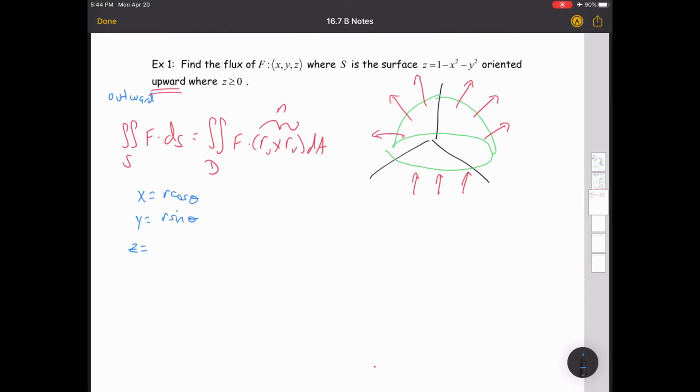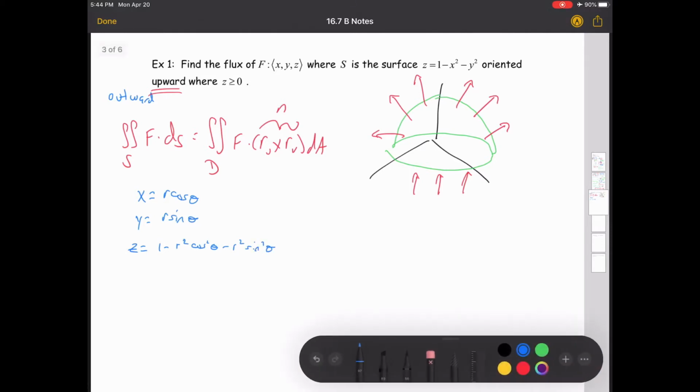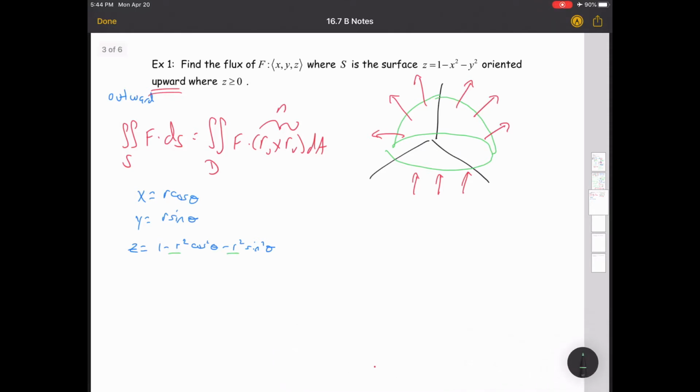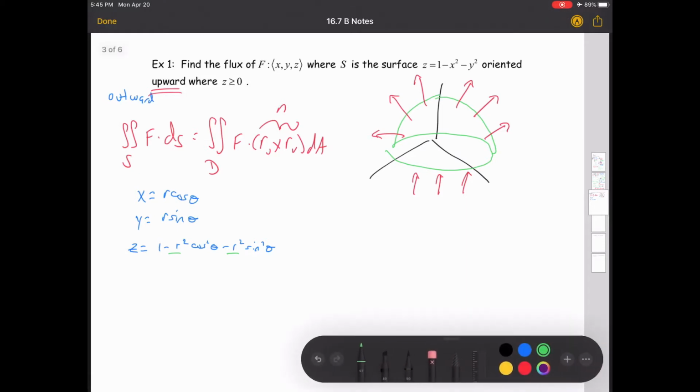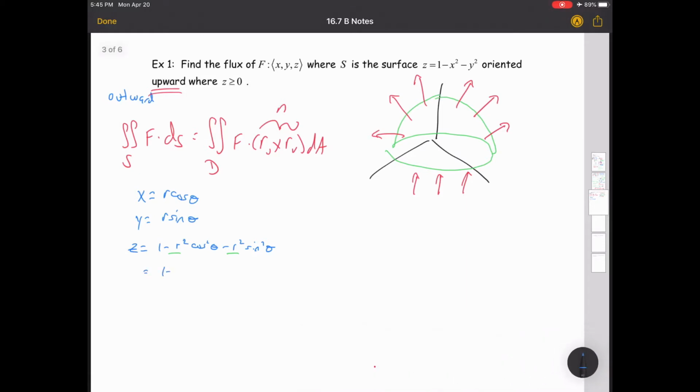So that's going to be 1 minus r squared cosine squared theta minus r squared sine squared theta. But if you factor out the negative r squared, you'll be left with a cosine squared plus sine squared. So really z is just going to equal 1 minus r squared.